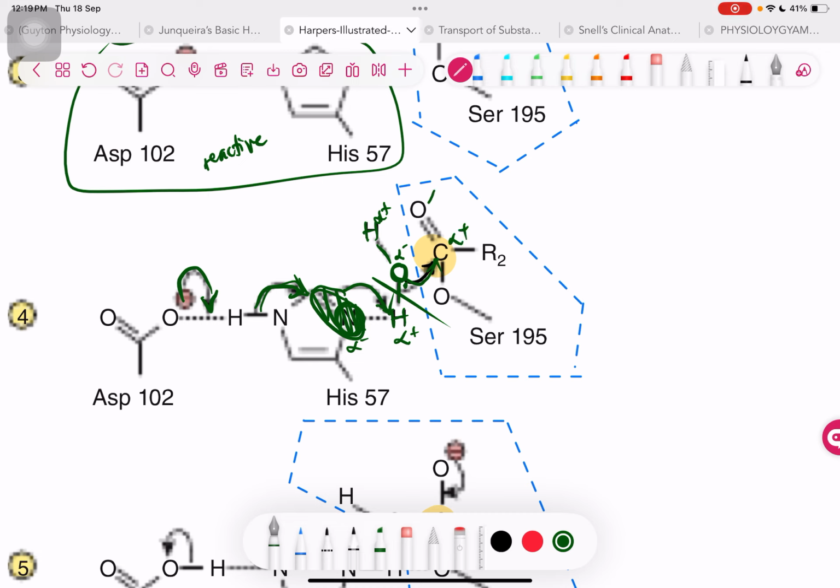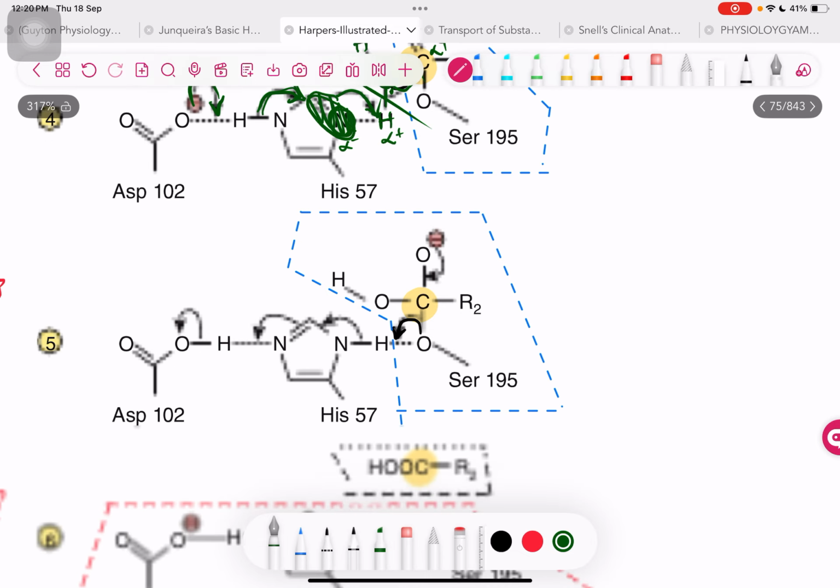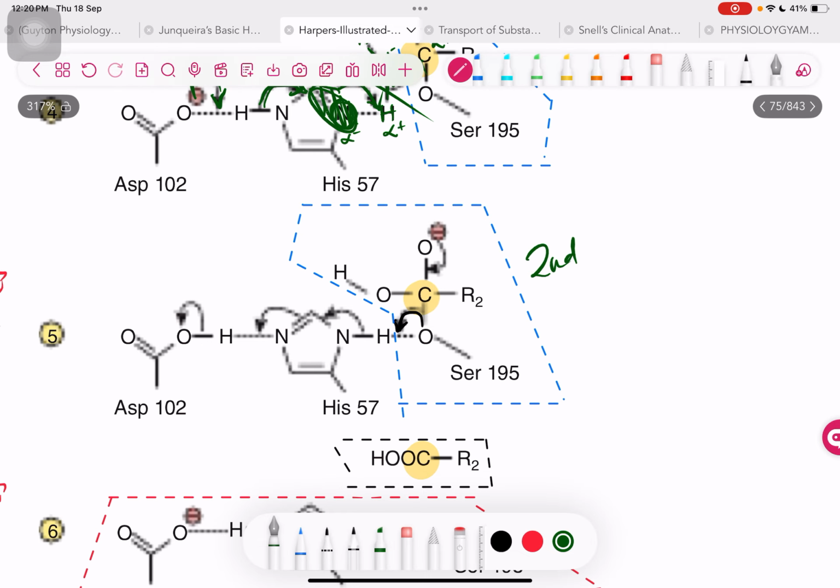This is due to the electronegativity of our oxygen. This creates now our second tetrahedral intermediate, which has electrons here, and because they are very near the electron dot, our oxygen from serine 195, this one, the electron moves here.